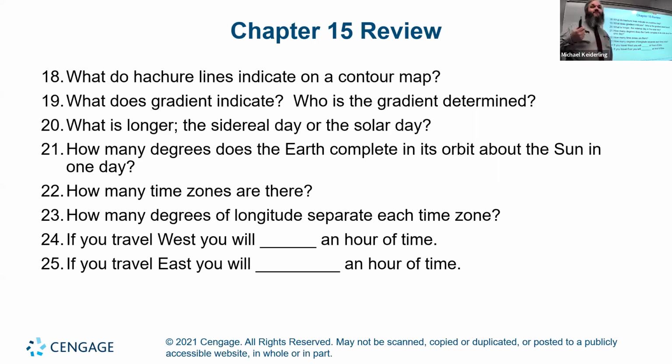If there's 15 degrees, 360 degrees divided by 24 gives you 15. If you travel west, you will go to an earlier time, so you will gain an hour of time. If you travel east, you will go to a later time, so you will lose an hour of time.